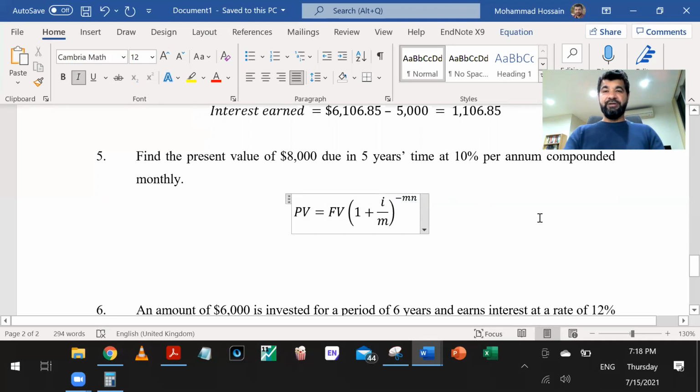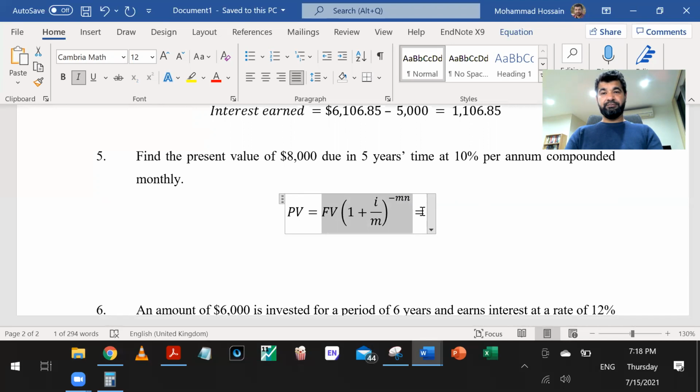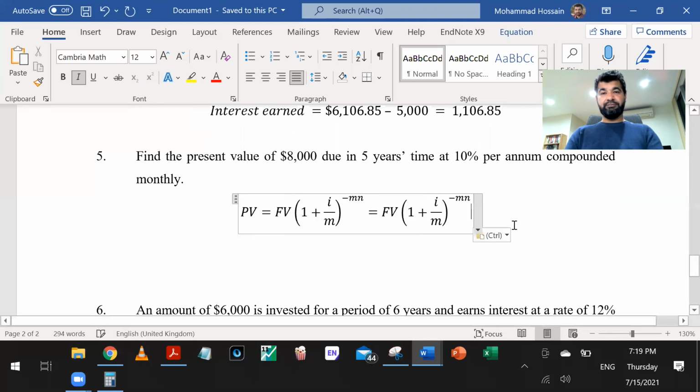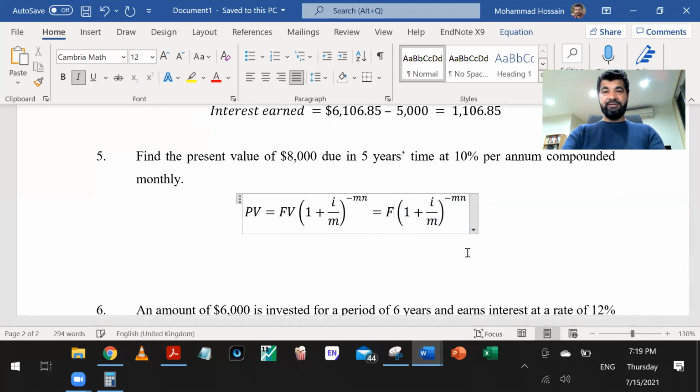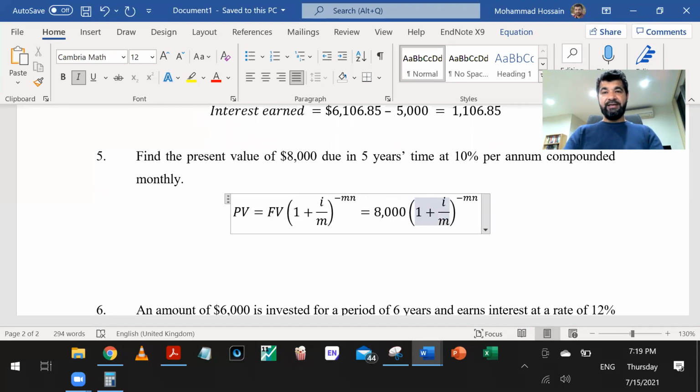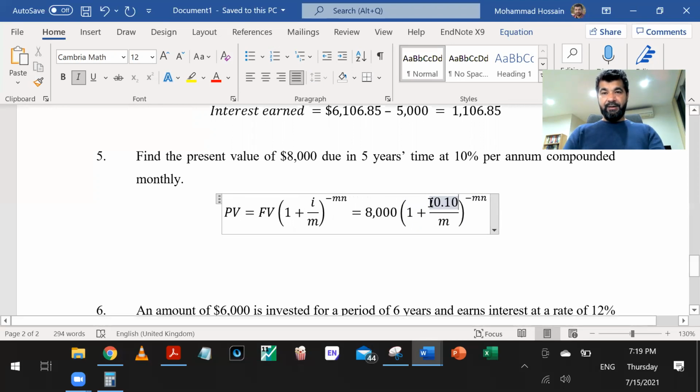So it's going to be equal to 8,000 times 1 plus i. Exactly, you're right. i is 10%, which is actually 0.10, and then divided by 12, per annum compounded monthly, so it will be 12.